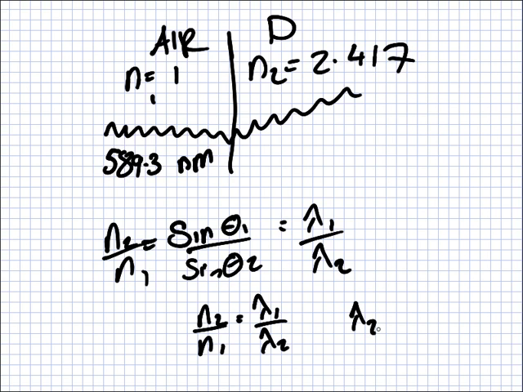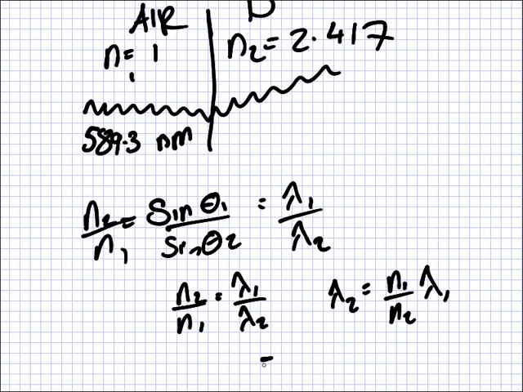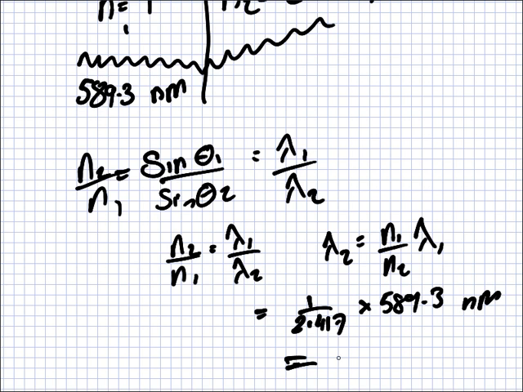So lambda 2 is n1 over n2 times lambda 1. So your answer is 1 over 2.417 times 589.3 nanometers. That was kind of a sneaky one.